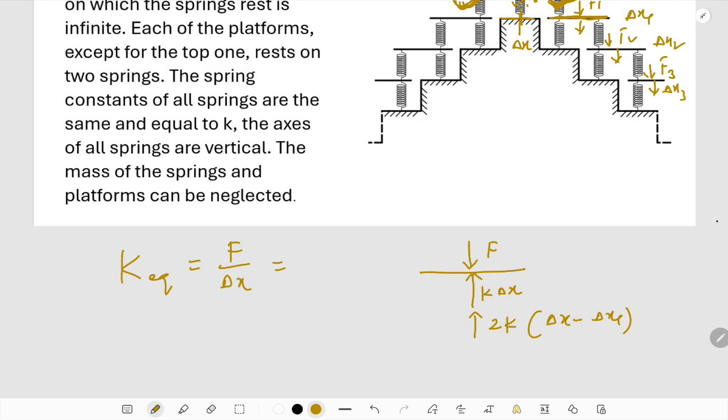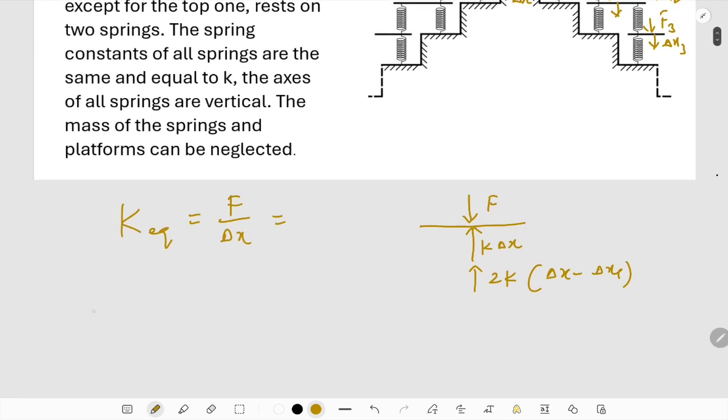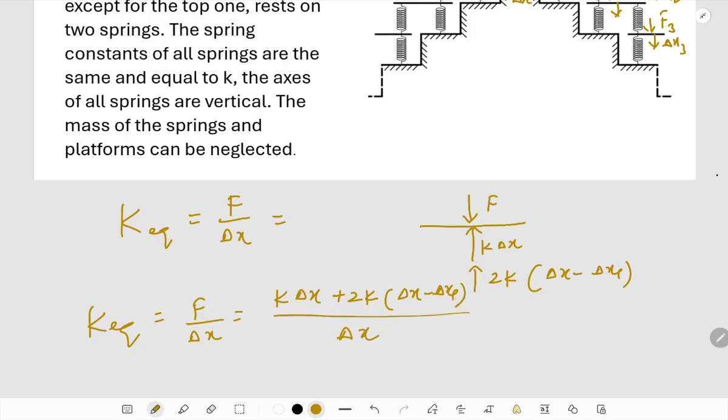So for the first expression, K equivalent equals F by delta x, and F can be replaced by k delta x plus 2k (delta x minus delta x1). To complete the statement, I divide by delta x. This comes from the fact that the platform is at rest and massless.